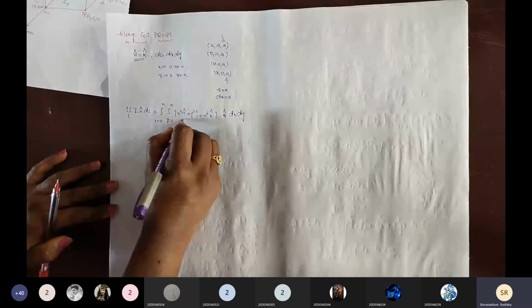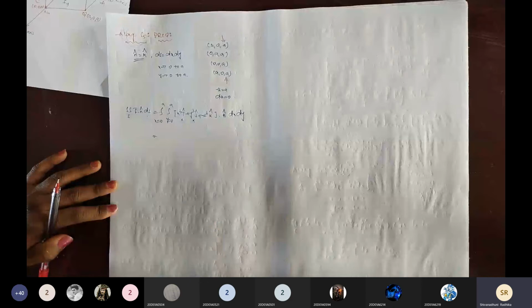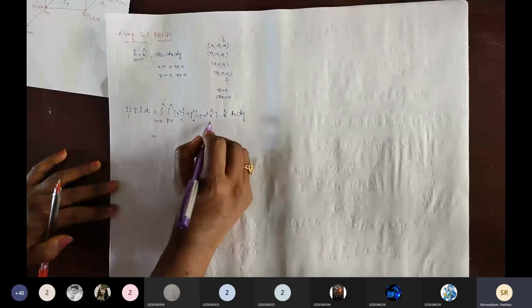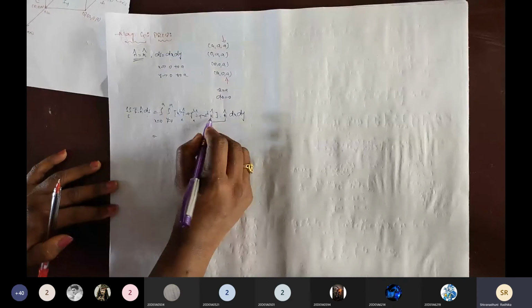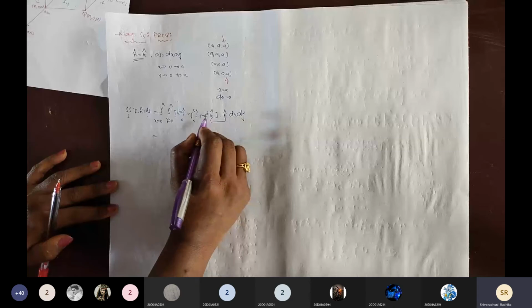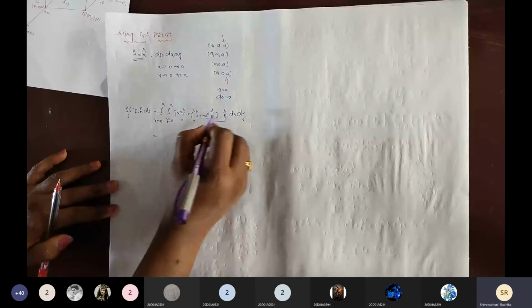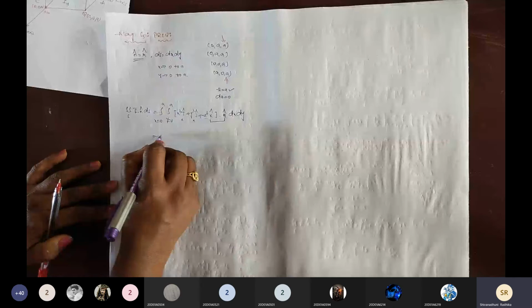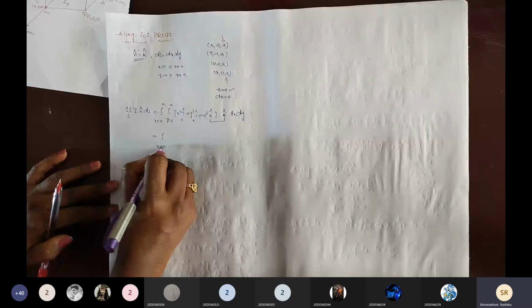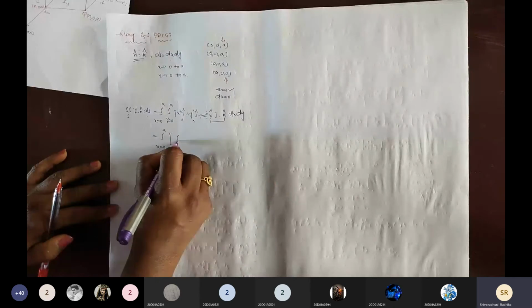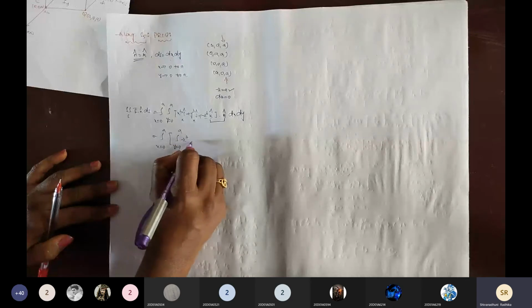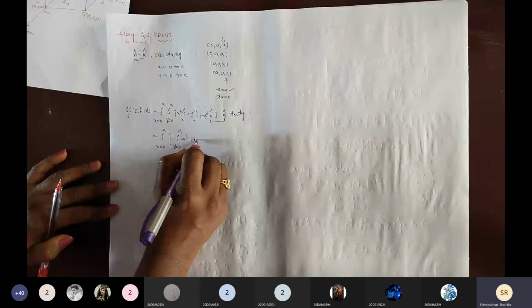See, the i cap and j cap terms vanish, and k cap dot k cap equals 1. Only z cube remains, and already we have z equals a. Integration x from 0 to a, integration y from 0 to a, z cube dy dx.